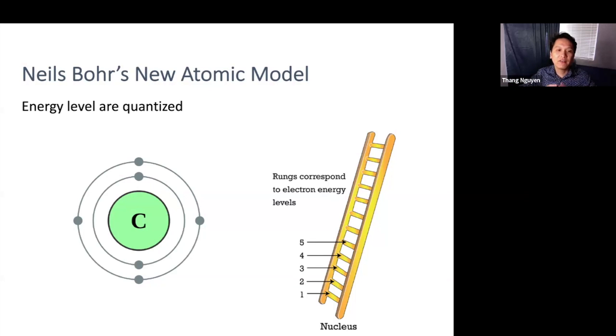The first level can hold a maximum of 2 electrons. The other levels, level 2 and level 3, can hold a maximum of 8 electrons. If you are carbon, you have 6 electrons. The first 2 live in the first level. How many do you have left? 4, right? So the last 4 live in the second level.